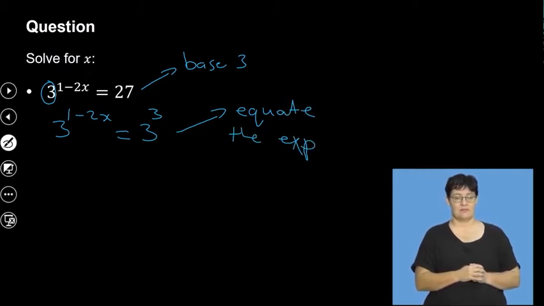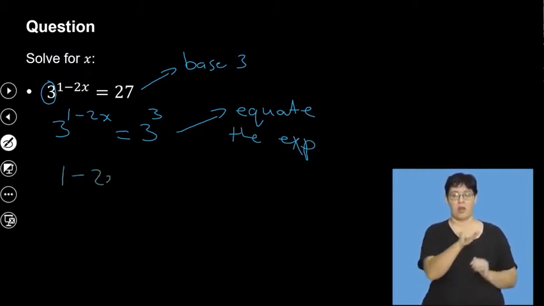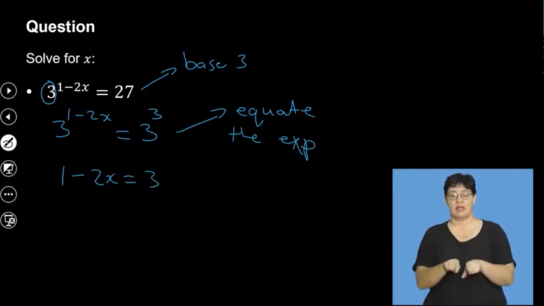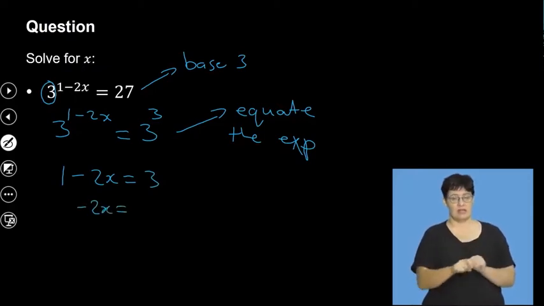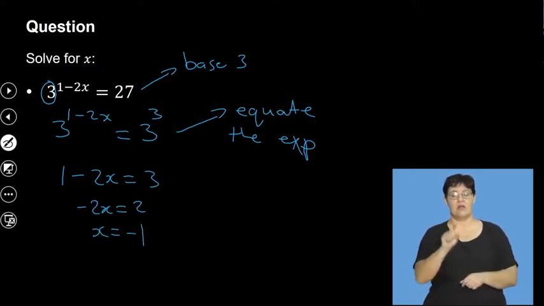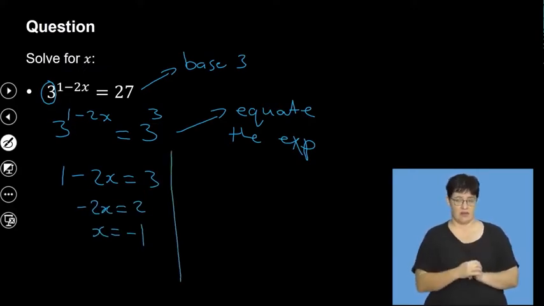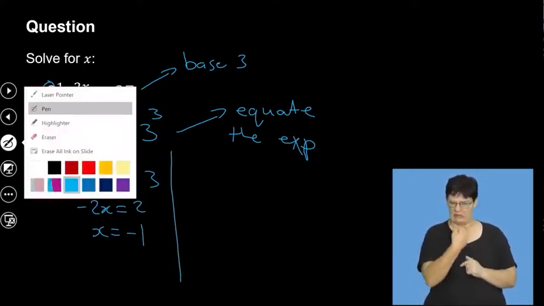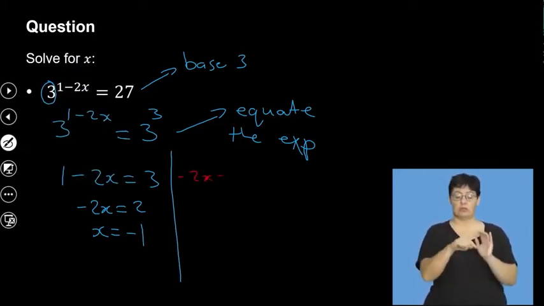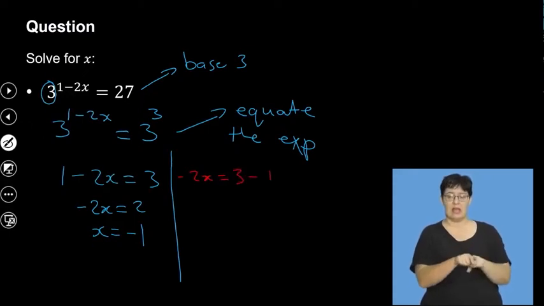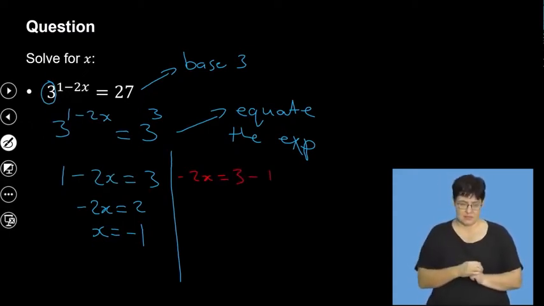And then to do that, it will be 1 minus 2x equals to 3. Then your algebra comes into life here, which will be minus 2x equals to 2, and then x will be equals to negative 1, right? Just for people like myself who are still trying to understand maths, where does the 2 come from? It's going to be minus 2x equal to 3 minus 1, right? So that's where the 2 comes from, just so that I don't lose you there.